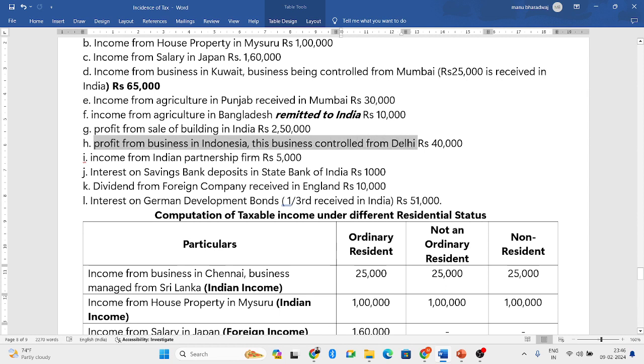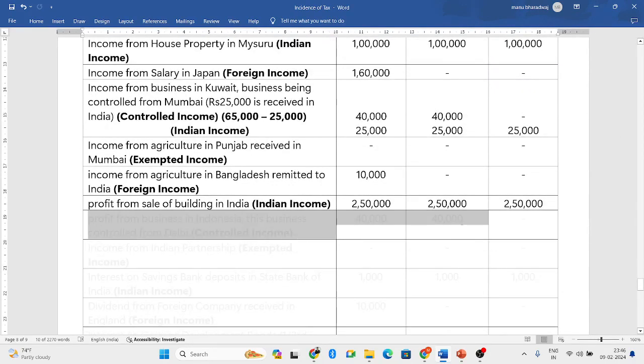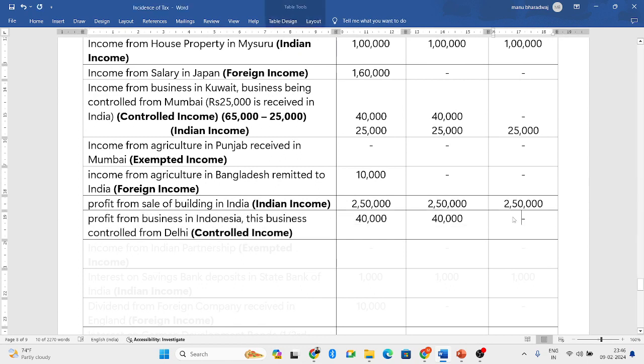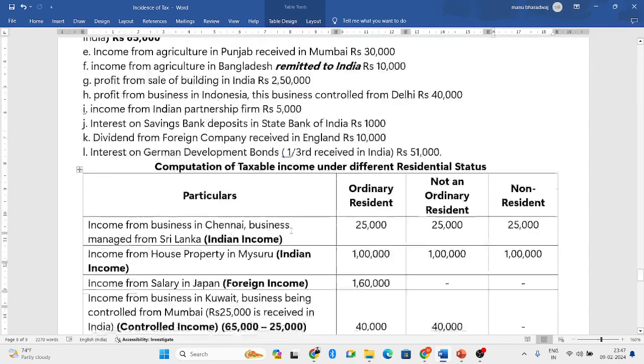This business is controlled from Delhi. So whatever business you are having in Indonesia, you are controlling from Delhi, which is in India. So it is a controlled income. When it is a controlled income, two people will be taxed: one is ordinary resident and the second one is not an ordinary resident.